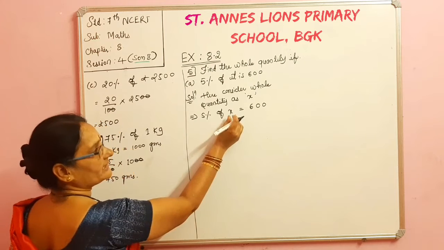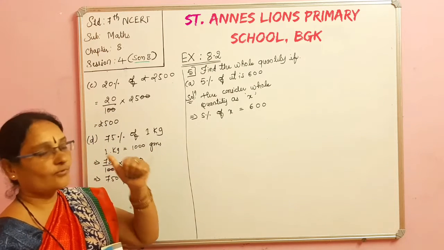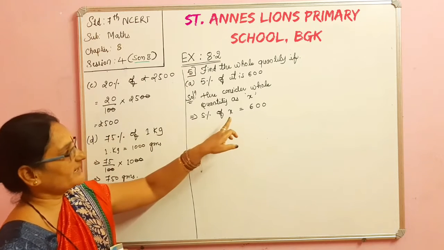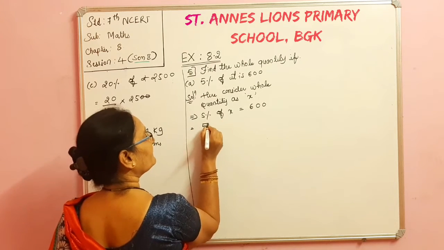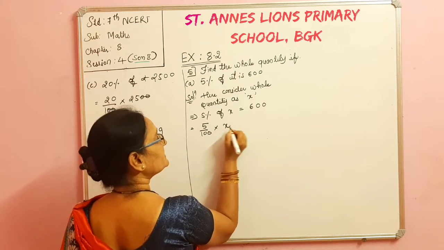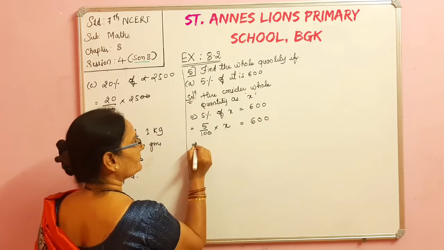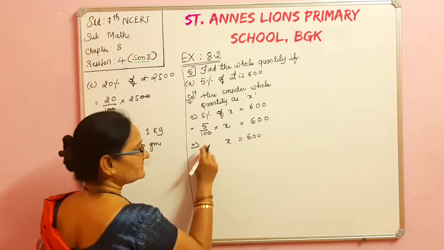This is whole quantity that we don't know. We have to find out it. 5% of what is 600. So here in place of what, that is x. 5% means 5 by 100. Of means into. x means unknown variable, equal to 600. Now x is equal to 600. This will go this side.